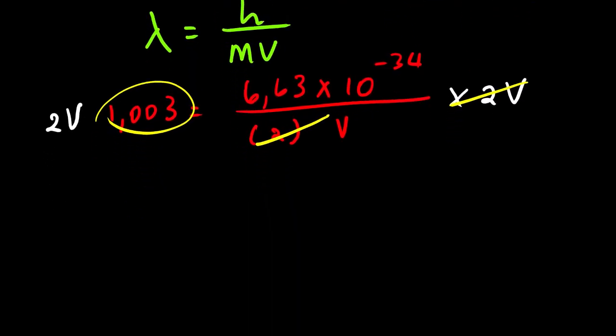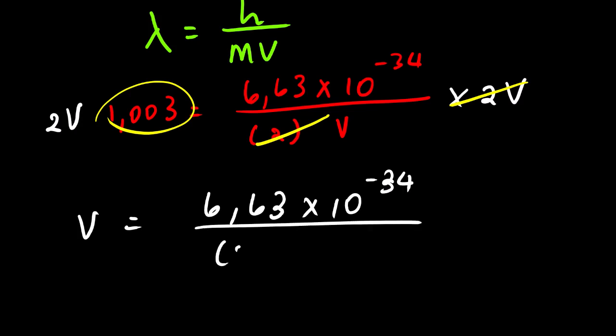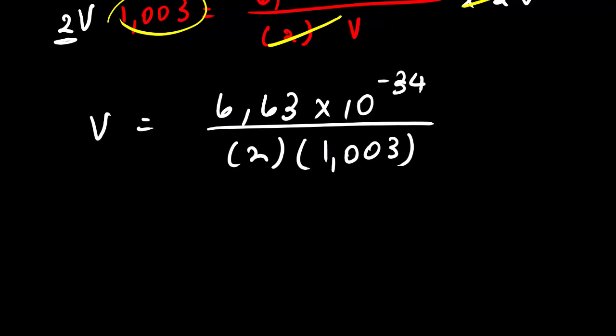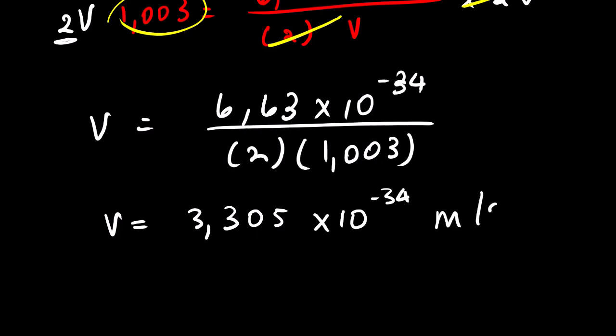Instead of dividing by 1.003, we are going to divide by 2 multiplied by 1.003. So the velocity of the object is 3.305 times 10 to the power negative 34 meters per second.